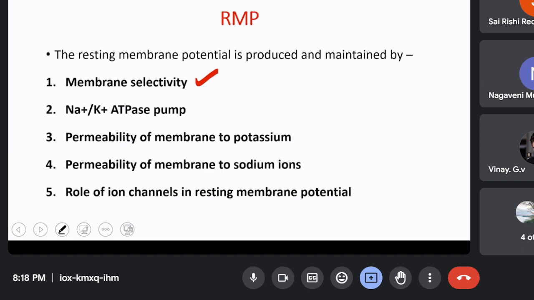Another is the sodium potassium ATPase pump, which I'm going to discuss now. And the third is the permeability of the membrane to potassium ions as well as sodium ions and other ions. All these result in a resting membrane potential.